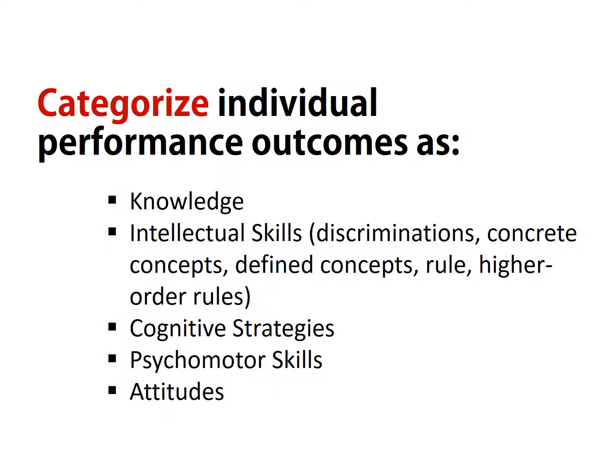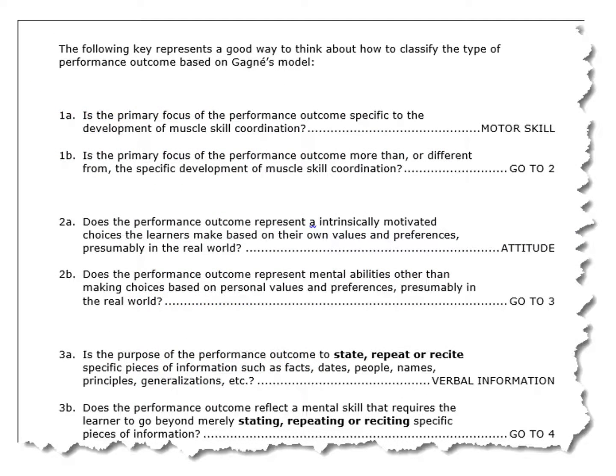And I just want to direct your attention to the fact that in the course notes there is a key, what we call a dichotomous key, to help you walk through the steps in determining what type of outcome, what type of skill, knowledge, or attitude, is communicated in a performance outcome. So again, in the course notes you have this scaffold, this tool that helps you think about the difference between the different types of performance outcomes and how you might classify them.